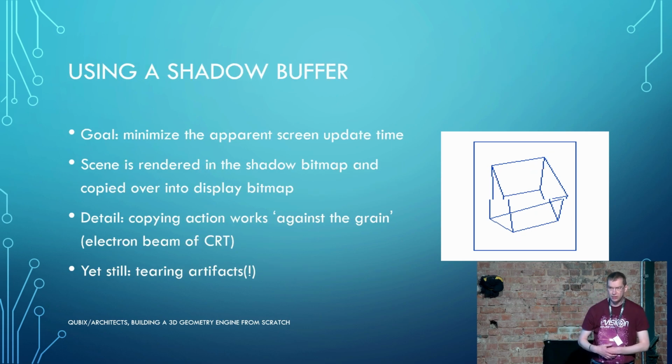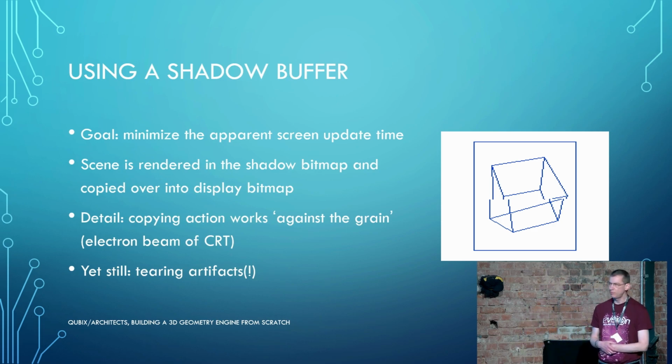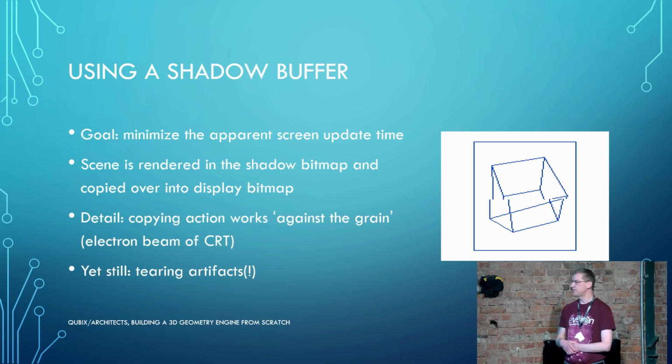You can improve if you use a shadow buffer. And the goal is we want to minimize the apparent screen update time, and for this we simply draw the new animation phase on a hidden bitmap, and that may take some time, and that being done, we copy over the shadow buffer into the display bitmap.